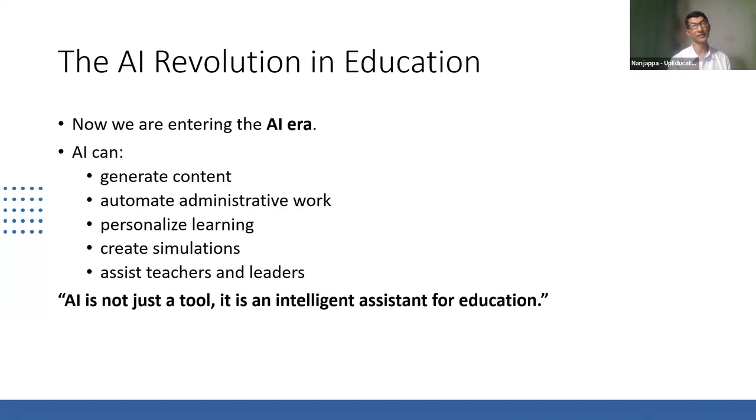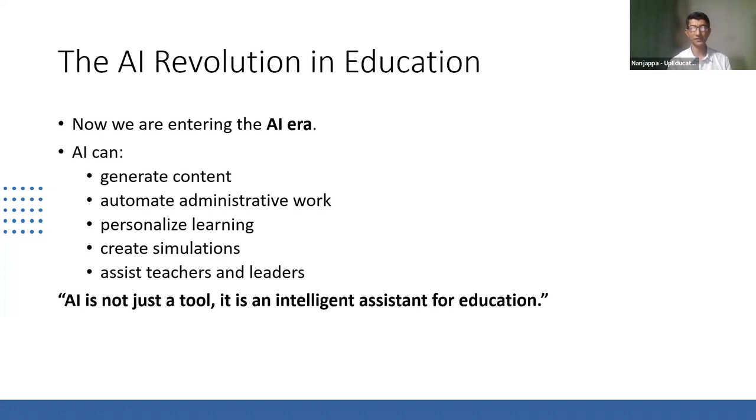But one thing that we are seeing here is, when you look back to the previous revolution, the digital revolution, where computers and the internet came in, the schools were ahead. If you remember your school days, the first time many of us touched a laptop or a computer was at school.